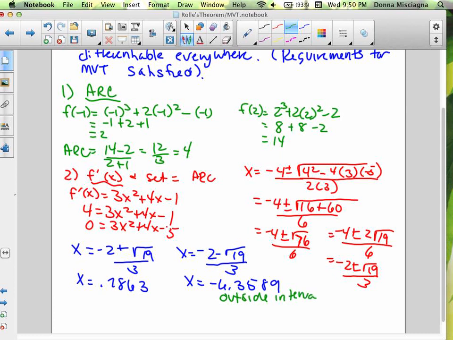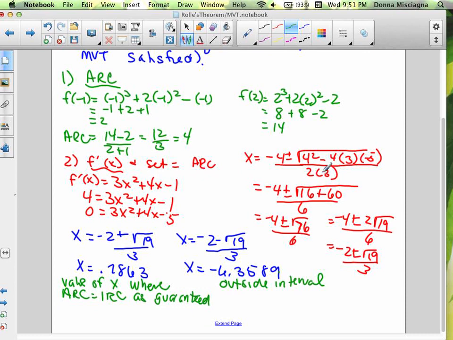Nothing's guaranteed if you're outside the interval, right? So this is the value of x where the average rate of change equals the instantaneous rate of change as guaranteed by mean value theorem. I need like 3 pages for this one.